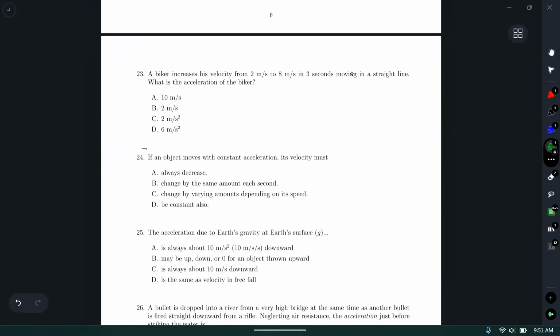If something moves with constant acceleration, what's true about its velocity? B. Yes, that is it. So constant acceleration doesn't mean zero acceleration. That's usually the misconception. It means that the number is a fixed number, 1 meter per second, or 10 meters per second for gravity.